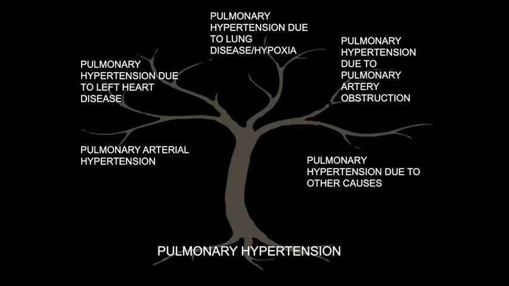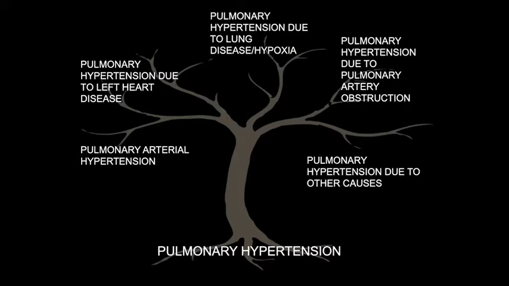Group 1 is pulmonary arterial hypertension. Group 2 is pulmonary hypertension due to left heart disease. Group 3 is pulmonary hypertension due to lung disorders and hypoxemia, which includes COPD, obstructive sleep apnea patients, interstitial lung disorders patients, and obesity hypoventilation syndrome.